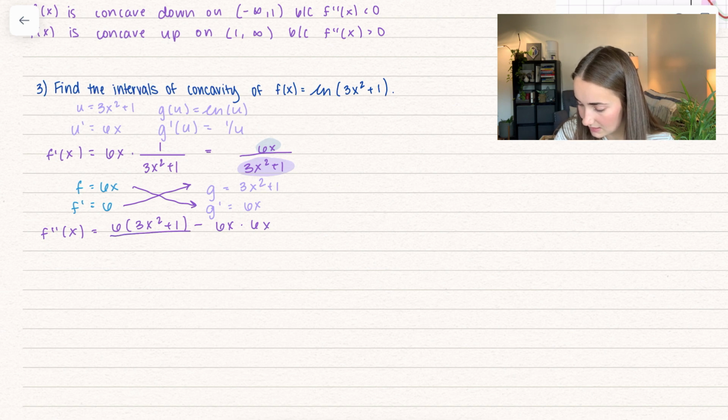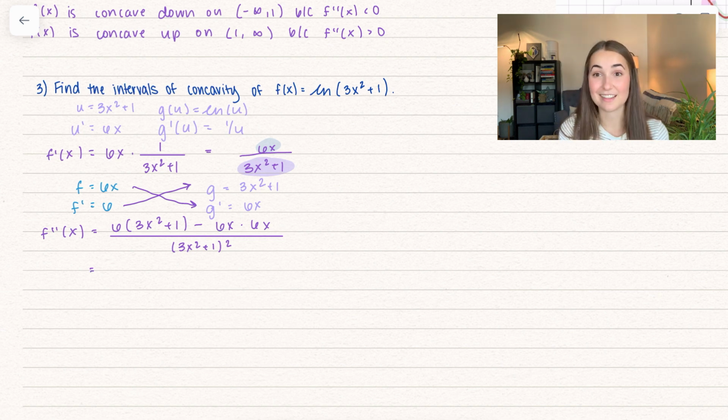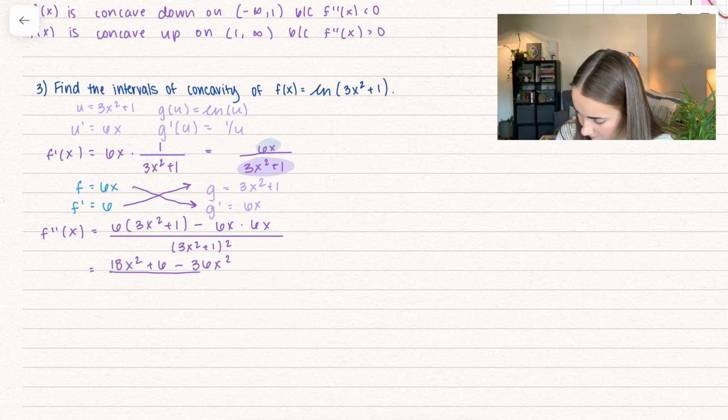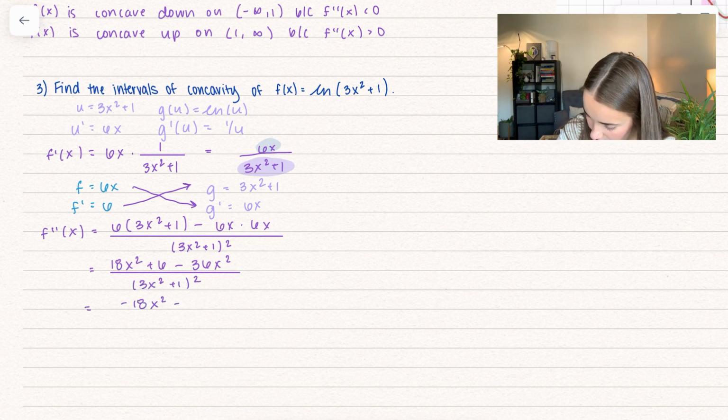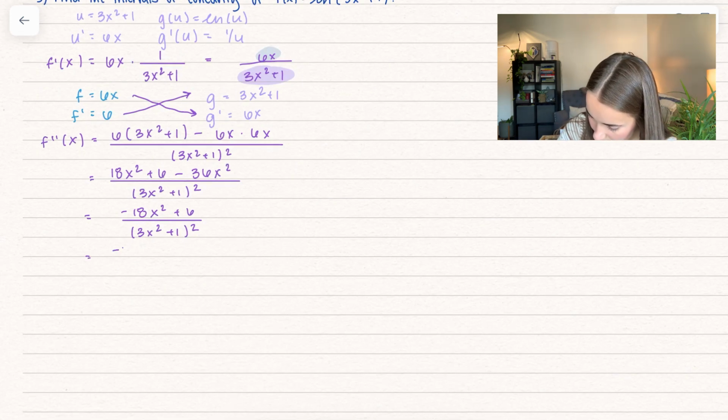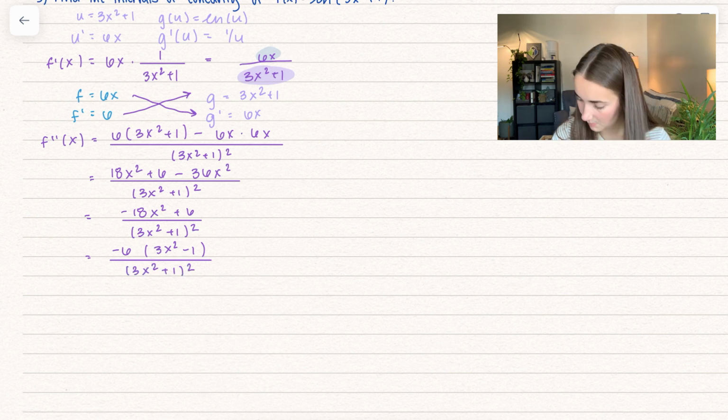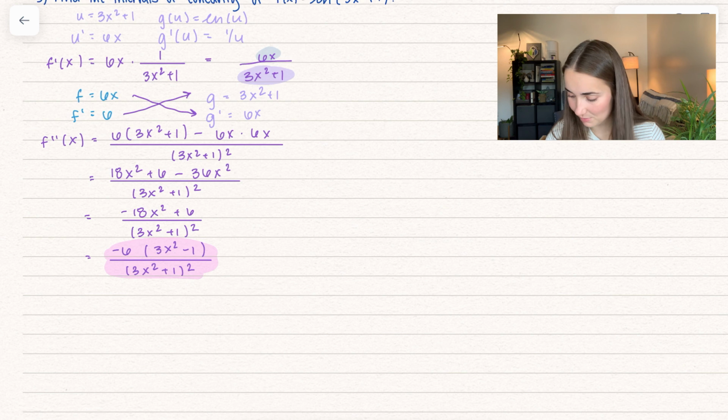And then all of this is divided by the denominator squared. Okay, let's go ahead and simplify this out a little bit. Okay, so this is as simplified as we can get it.